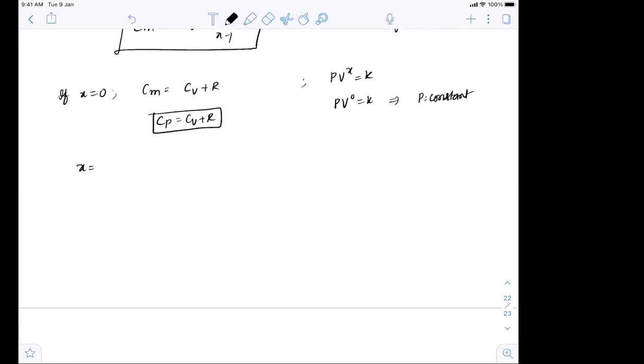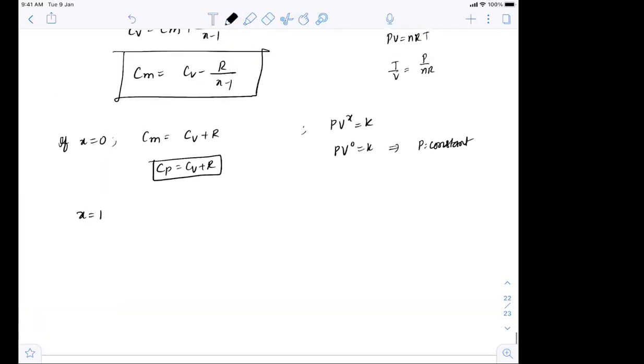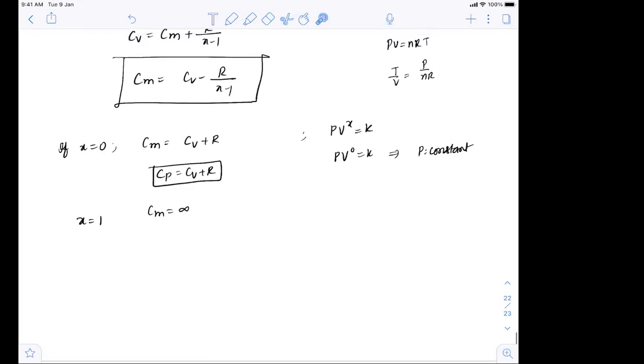Same way, let me put x is equal to 1. If x is equal to 1, Cm will be equal to infinity, because this would be R by 1 minus 1, that is R by 0, which means it is undefined. When is it undefined, beta? This is at constant temperature.